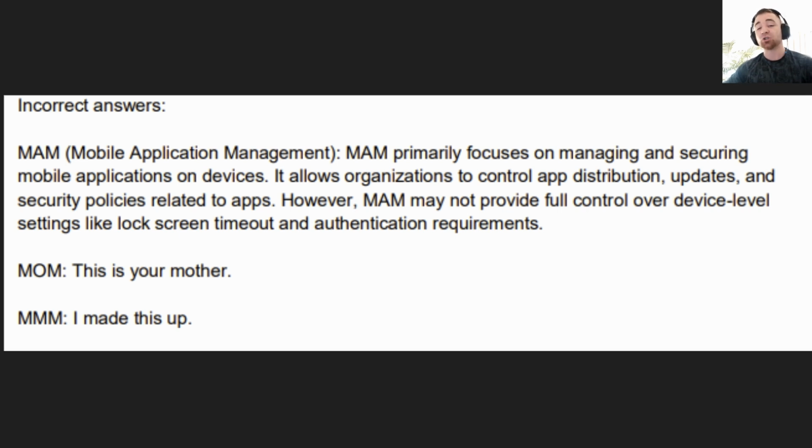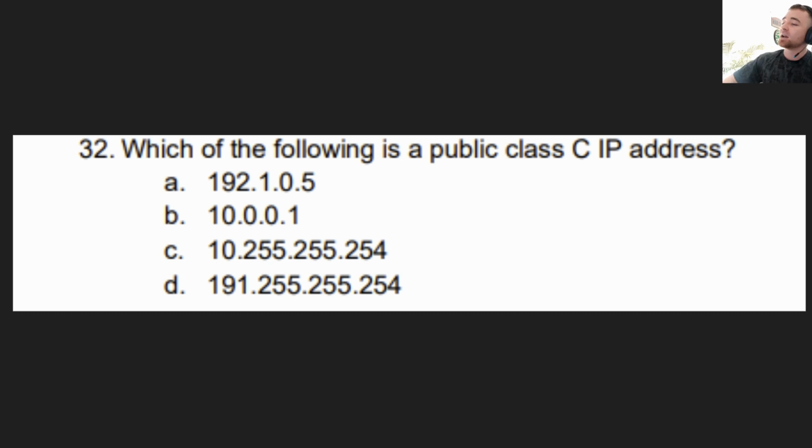Primary exam objective 2 for the A+ 1101 CompTIA exam. Let's take a look. The question reads, which of the following is a public class C IP address? A, 192.1.0.5. B, 10.0.0.1.